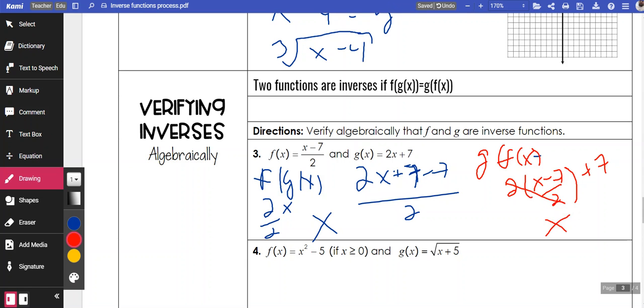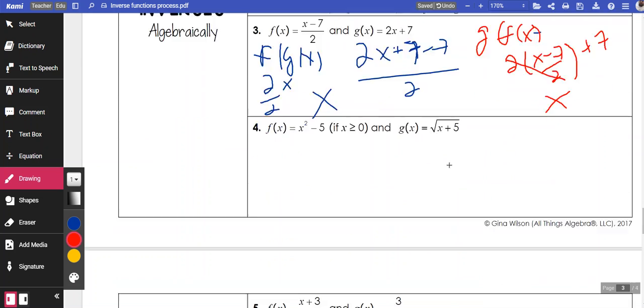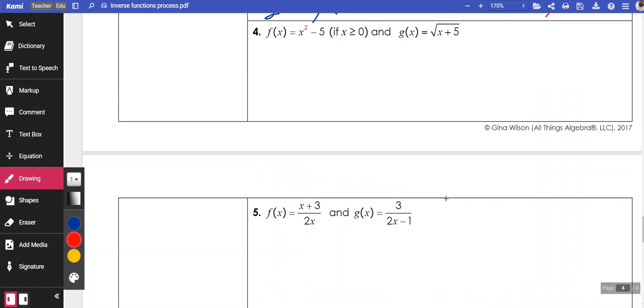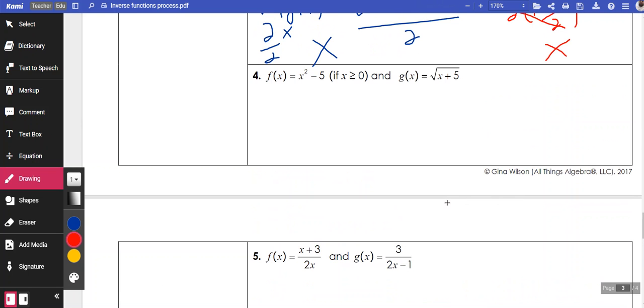Okay, so I want you to try that. Well, let's do one more. Let's do number 4. All right. So you've got to find f of g of x.